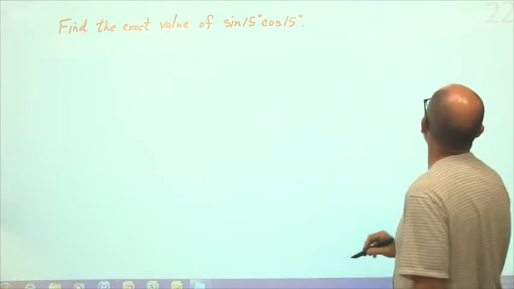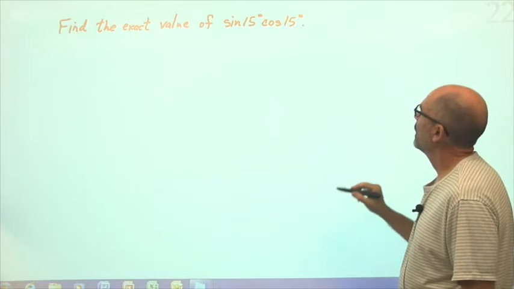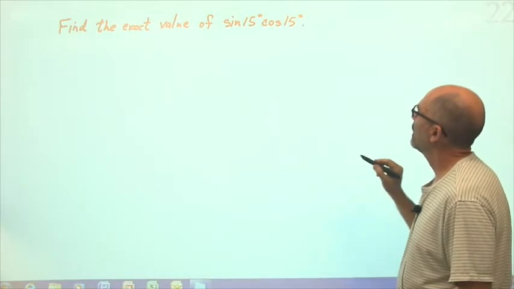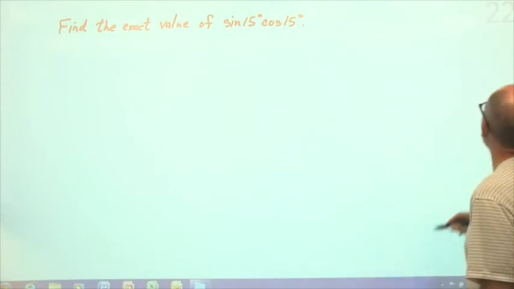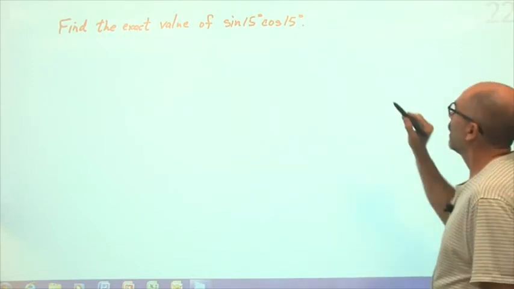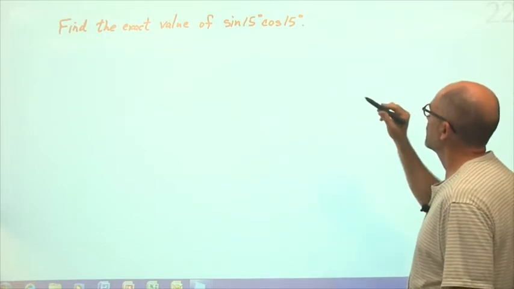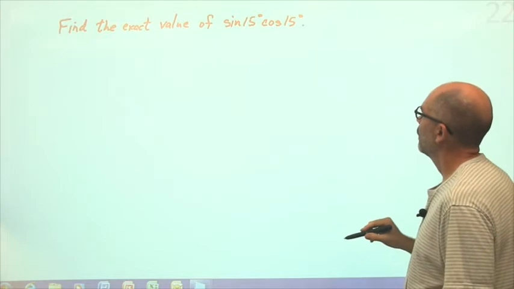One more example problem, and that is we need the exact value of sine 15 cosine 15. Now, this is going to be actually fairly simple because you see that we have sine theta cosine theta.